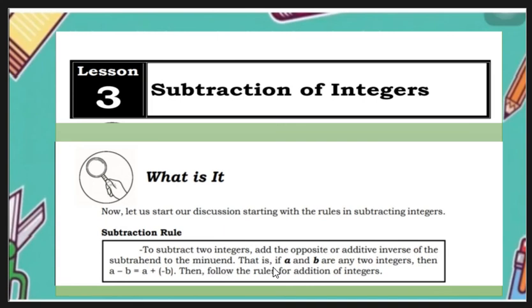That is, if A and B are any two integers, then A minus B is equal to A plus negative B. Then, follow the rules for addition of integers.